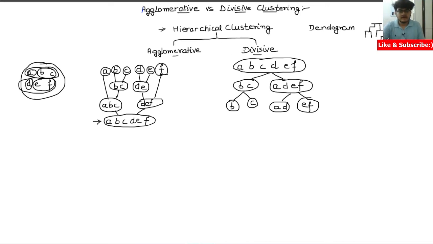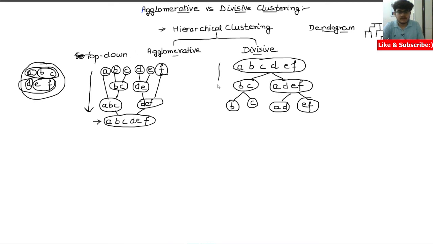So in hierarchical clustering, you can see in both of these, agglomerative and divisive, we do obtain a hierarchy. You can see this is the hierarchy, and basically dendrograms are used to represent the hierarchy. So in divisive, you can see I'm going down here. This is basically known as a top down approach, right?